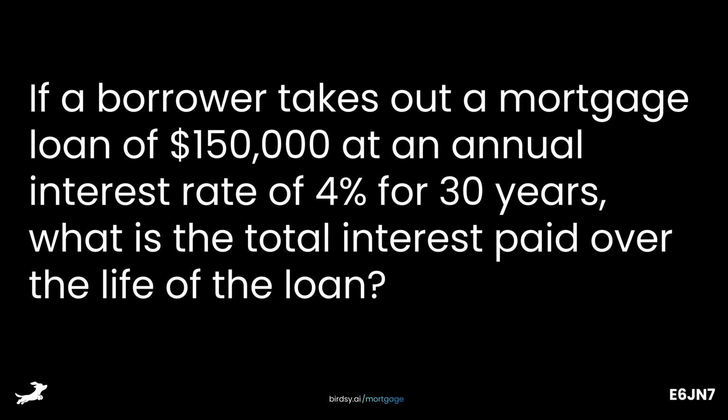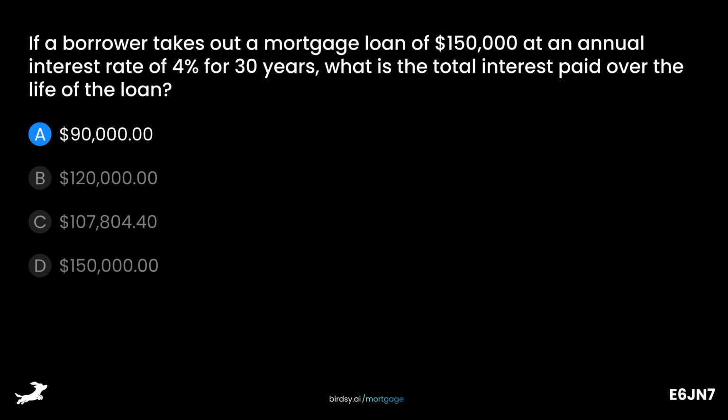If a borrower takes out a mortgage loan of $150,000 at an annual interest rate of 4% for 30 years, what is the total interest paid over the life of the loan? Is it A, $90,000, B, $120,000.00, C, $107,804.40, or D, $150,000.00?